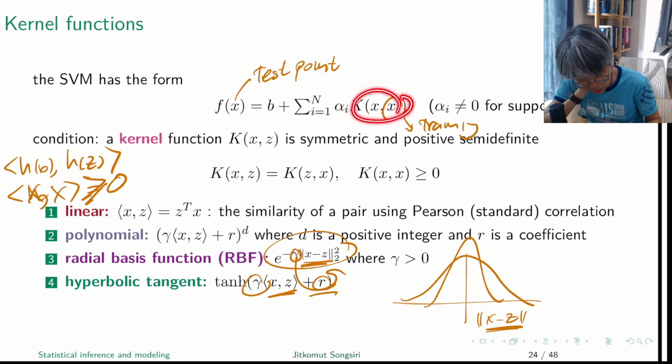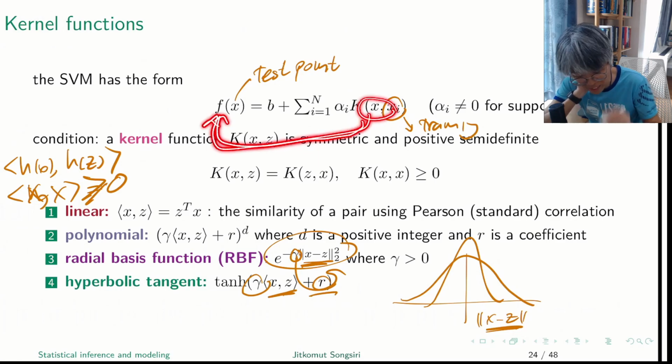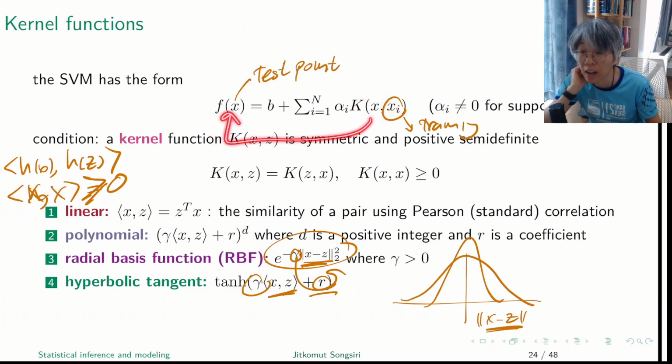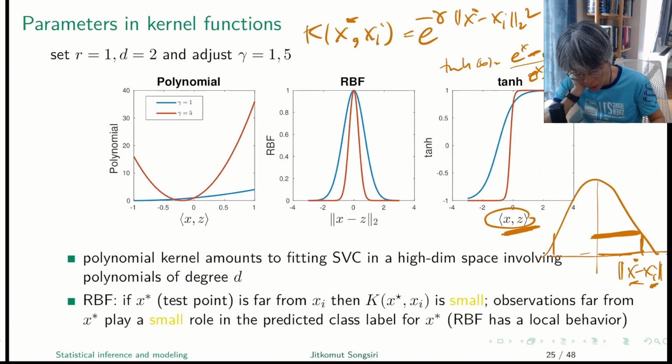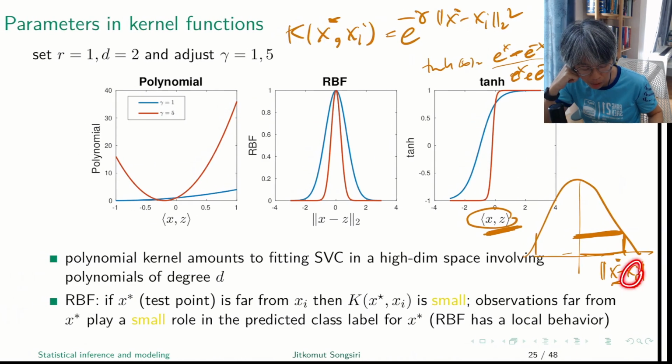Those xi whose kernel value is small will have an insignificant role in the prediction outcome. So one simple message: RBF has a local behavior. Only the training data points that are close to the test point will have a more significant contribution.